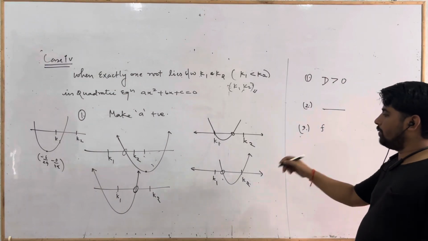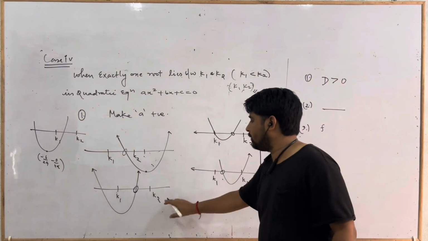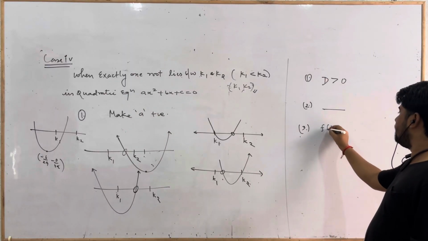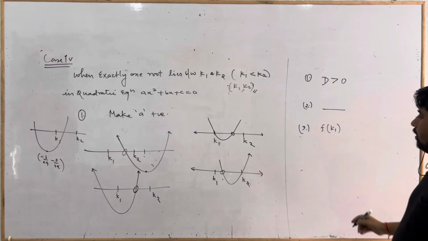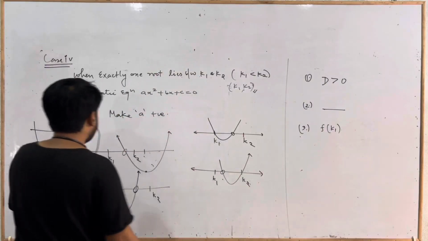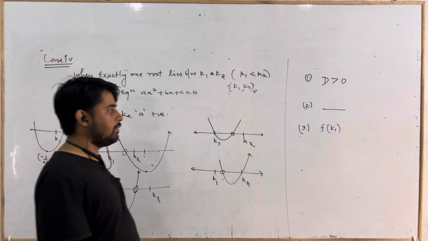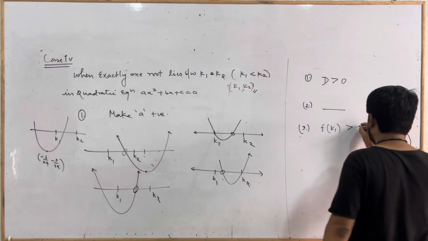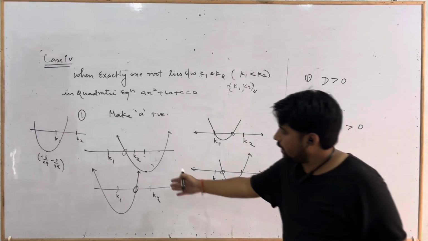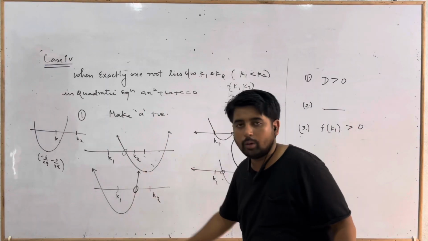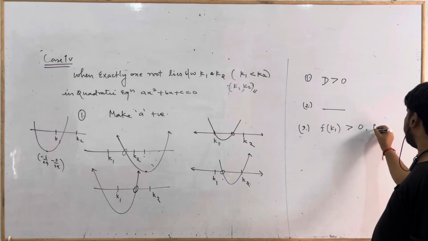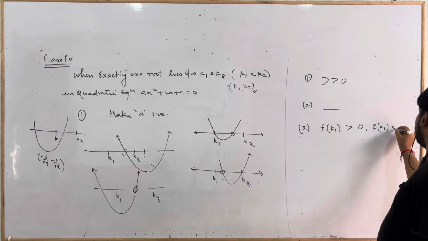So look at the first one and second one. If you draw a vertical line at k1 here, it will cut the graph above the x-axis. So f of k1 is greater than 0. And if I draw a vertical line here, it will cut the graph below the x-axis. That means f of k2 is less than 0.